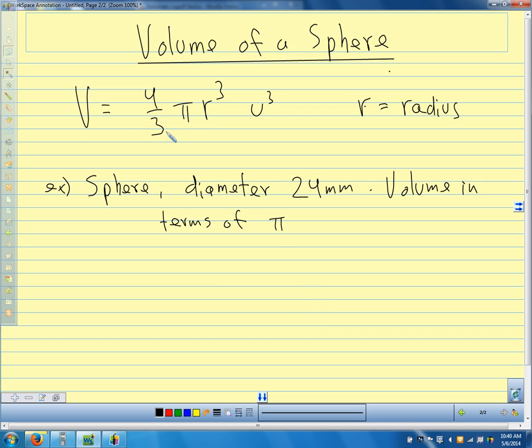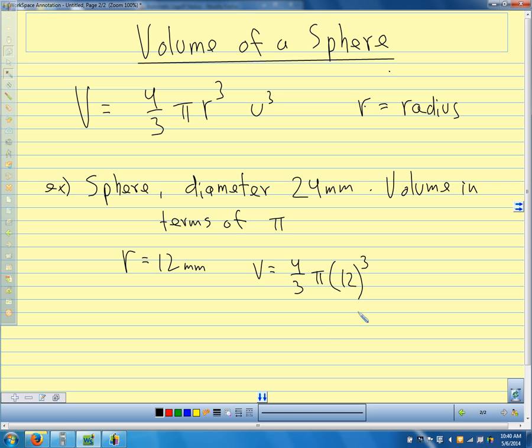Well, there's our formula. Volume equals 4/3 pi r cubed. So what is our radius here? 12, half the diameter. So our radius is 12 millimeters. Plug that in. The volume is 4/3 pi times 12 cubed.